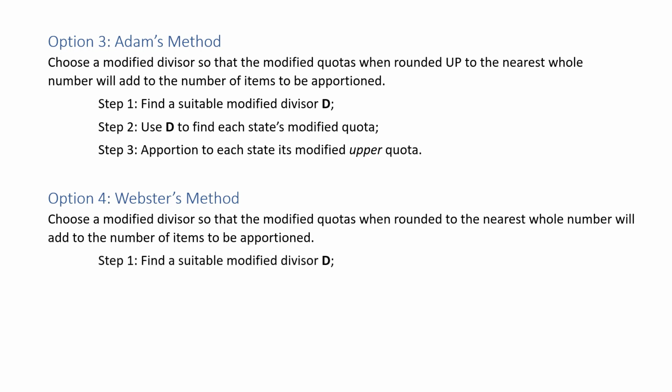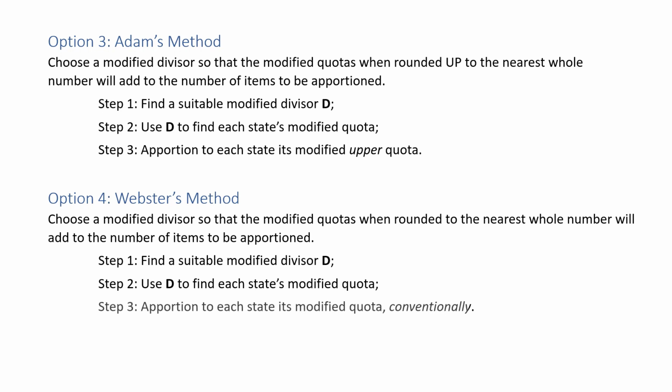Step 1, find a suitable modified divisor. Step 2, use that modified divisor to find each state's modified quota. Step 3, apportion to each state its modified quota conventionally. 0.5 and above, you round up. Below that, you round down.